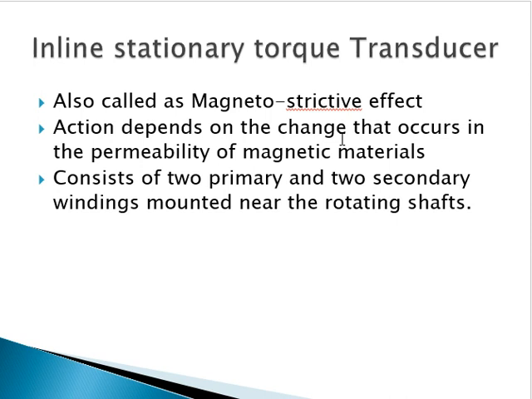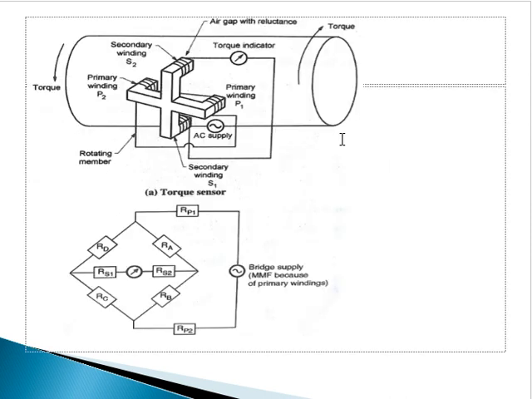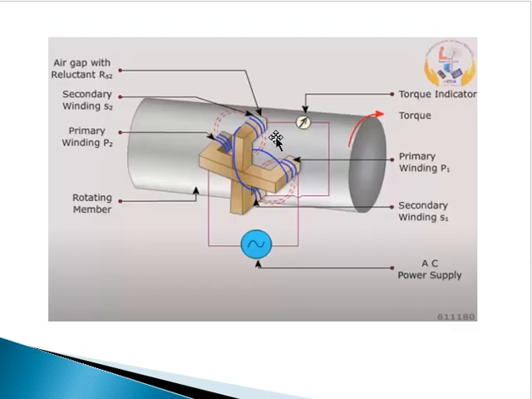When this body is rotating continuously and there is a change in torque, compression will be there on one side and tension on the other. What are compression and tension? See this diagram, where it is elaborated. Just see this diagram for one minute carefully, then we will discuss it.